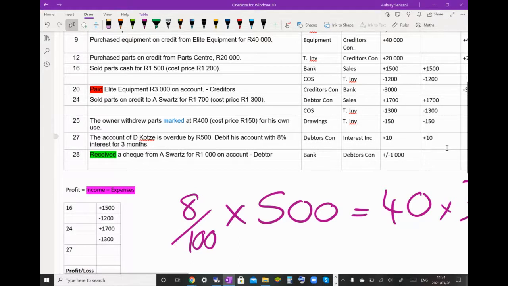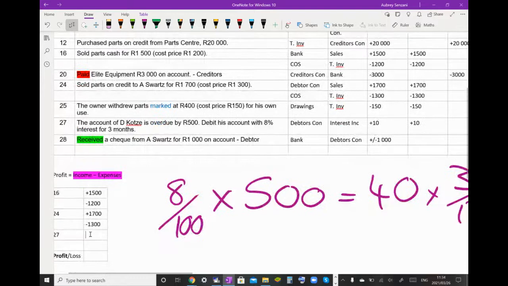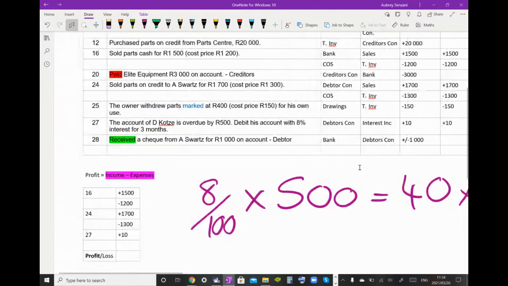We move on to the 27th. And there what happened? We were charging interest there, for 10 rand.